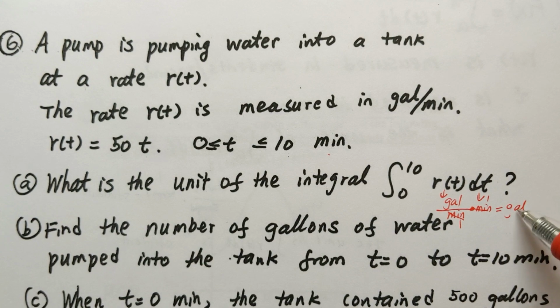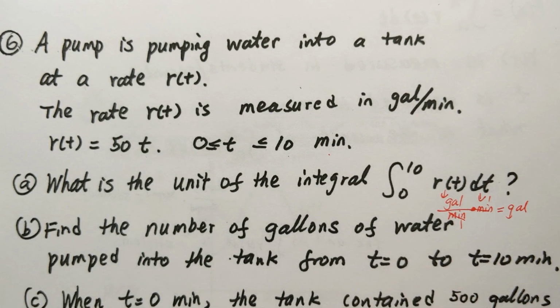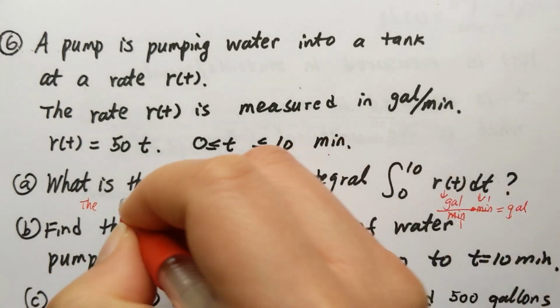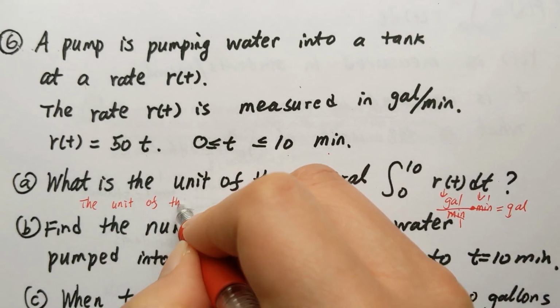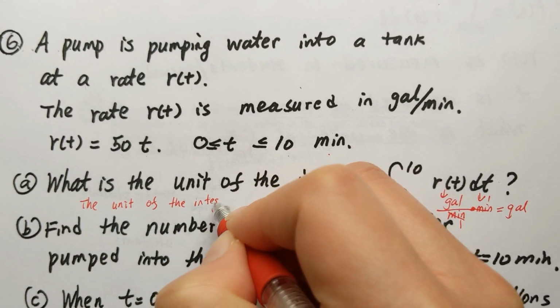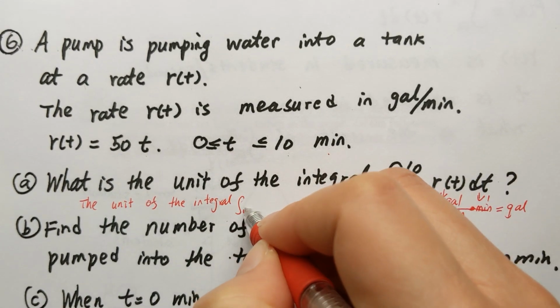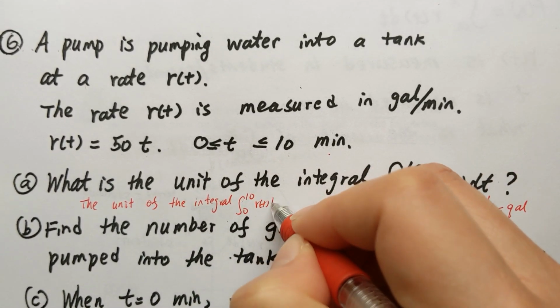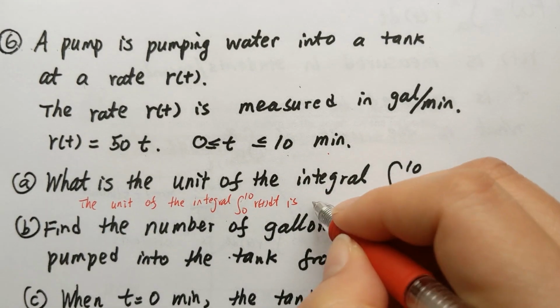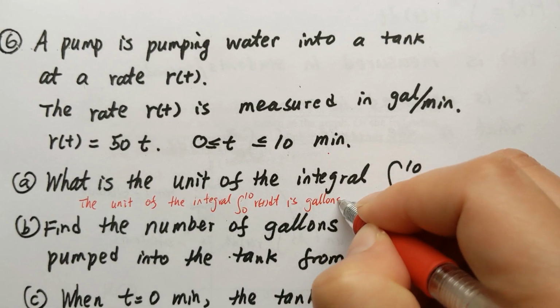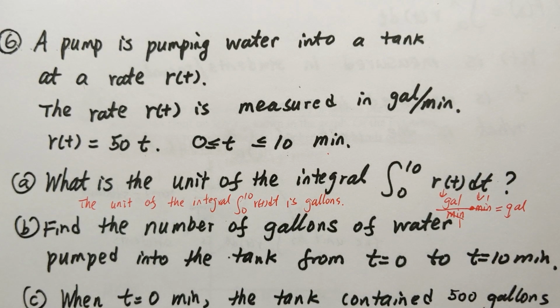Then we get gallons. So therefore, the unit of the integral from 0 to 10 of R of t dt is gallons.